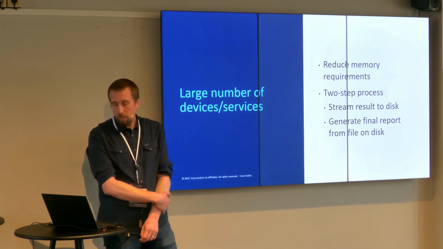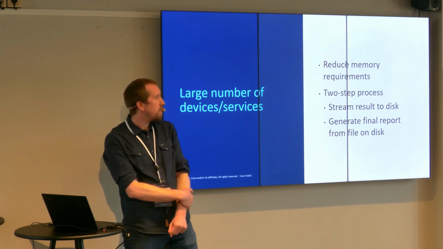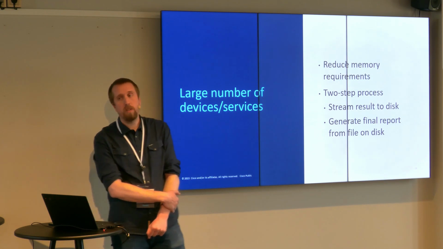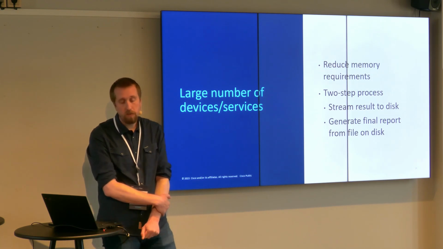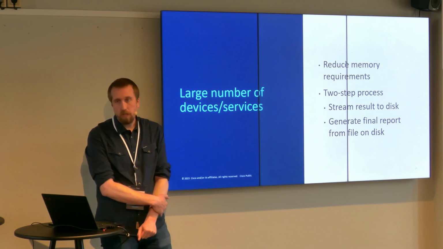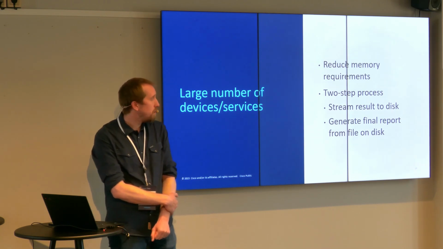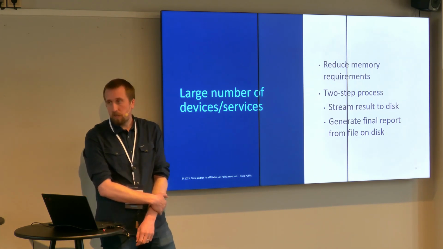For 6.1, we have changed this so that instead of generating the reports in memory, we are now generating them on disk. We are streaming the results back to disk and generating an intermediate file. From this intermediate file, we then generate the final report. So we are using more disk I/O, but we will be using less memory for generating reports.